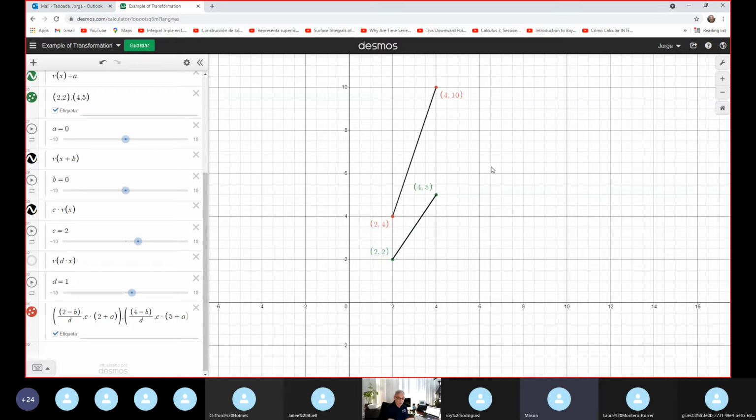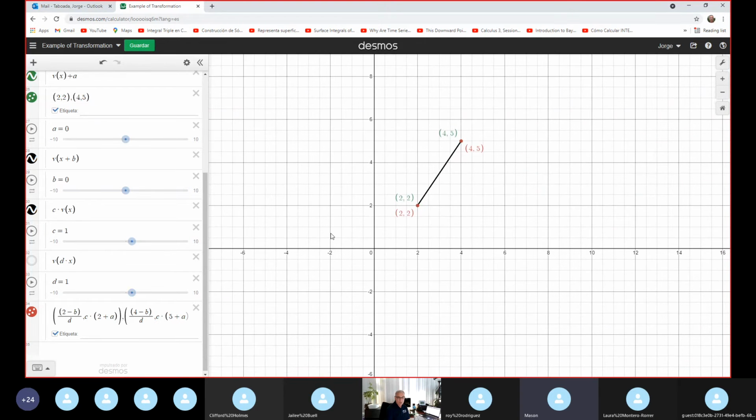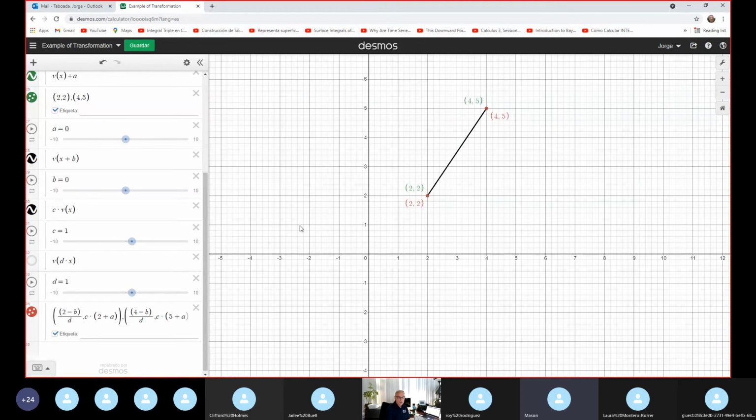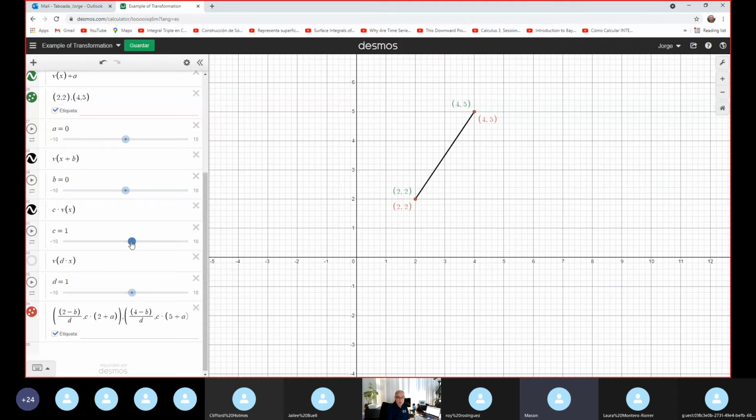Suppose you see that, right? The effect, vertical stretch. However, if the constant c is less than 1, let me restore 1 again. 1 is no transformation. Suppose now I zoom to see more clearly that c is less than 1. Suppose 0.5, 0.6, 0.7, and you see clearly the vertical compress.